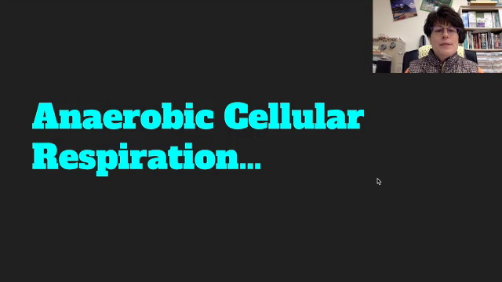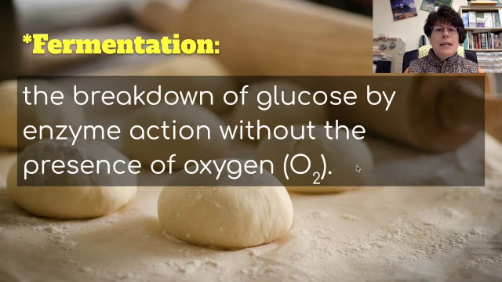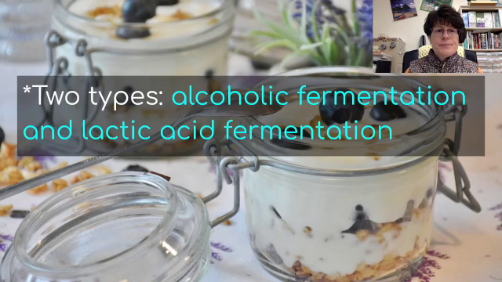Now, anaerobic cellular respiration, we also call that fermentation, is the breakdown of glucose by enzyme action without the presence of oxygen. So no oxygen here. The an in front of the aerobic means not, no oxygen. There are two types. There's alcoholic fermentation and lactic acid fermentation, excuse me.